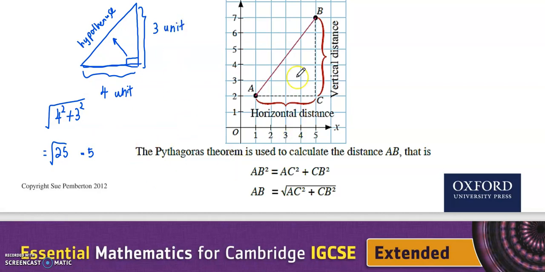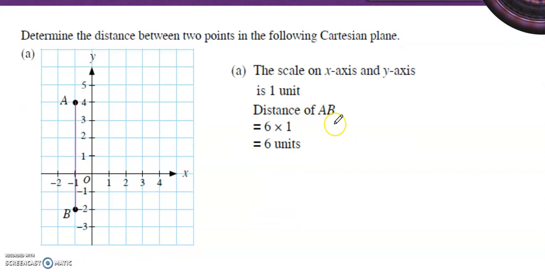Now kalau tak bagi value and it's on Cartesian coordinates, you have to determine the vertical distance and also the horizontal distance. So AB square is equal to AC square plus CB square. AC is the length for the base, and CB is the length for the height of the triangle. So we go to how to determine the horizontal and vertical distance.